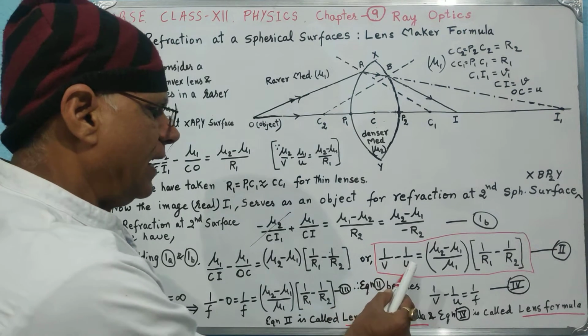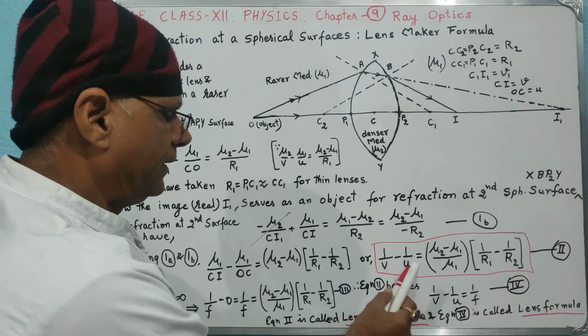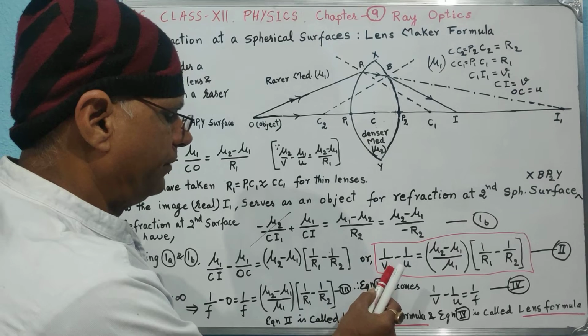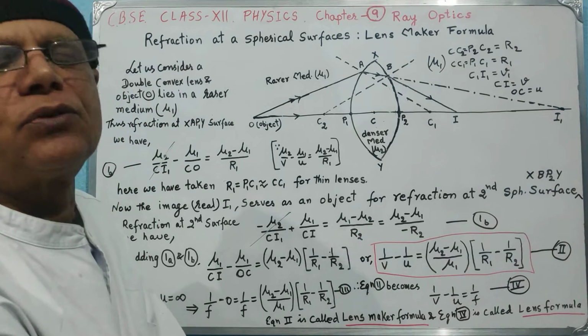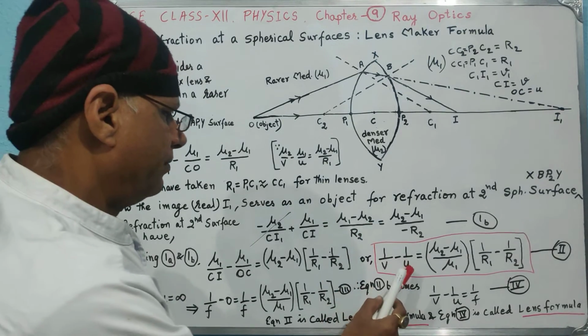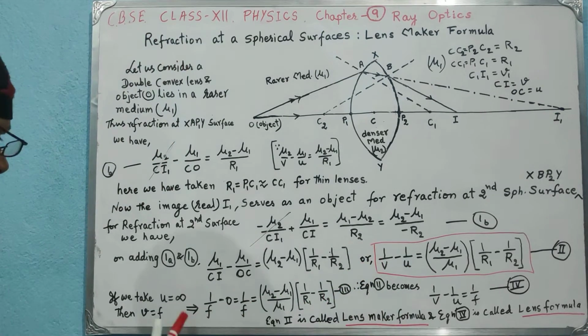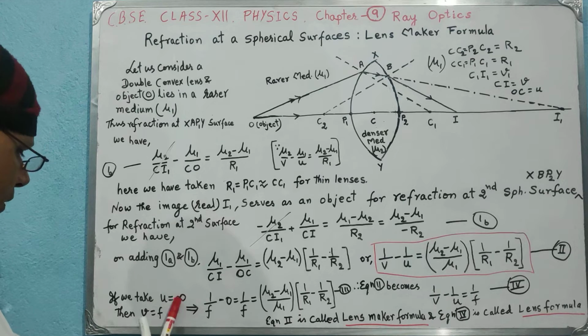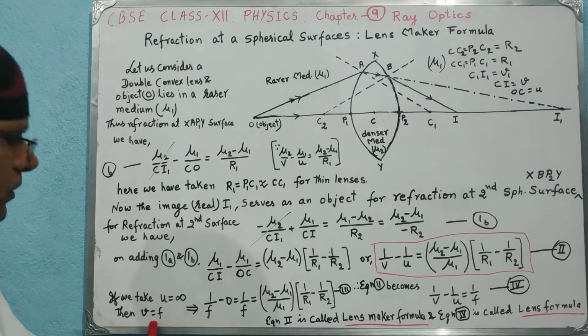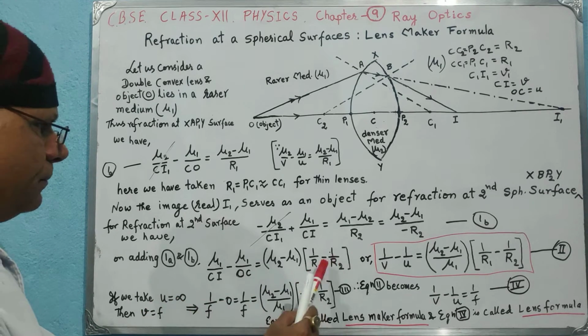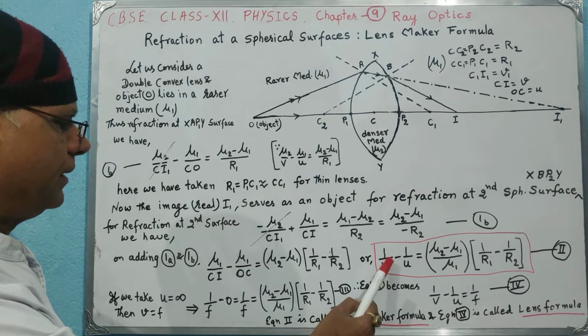So if we have u equal to infinity, v, that is the image, will be formed at a distance which is known as focal length. So if u is equal to infinity, then v is equal to f, and therefore for v we write f.